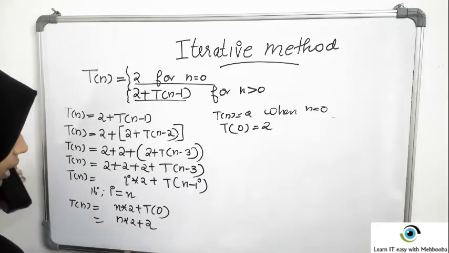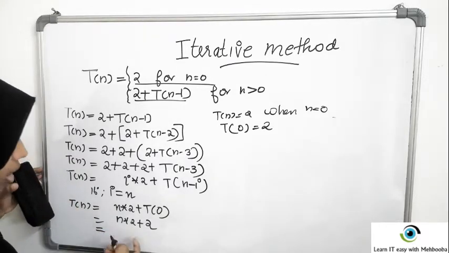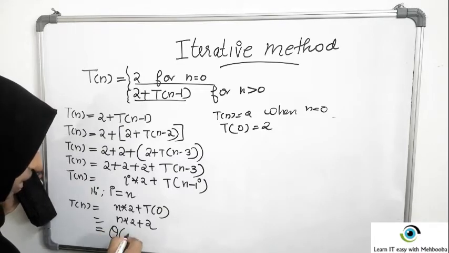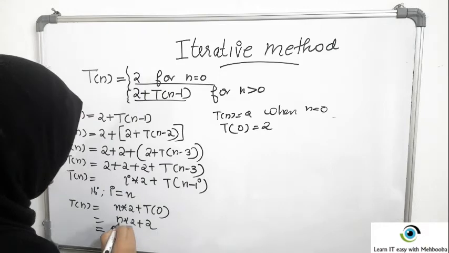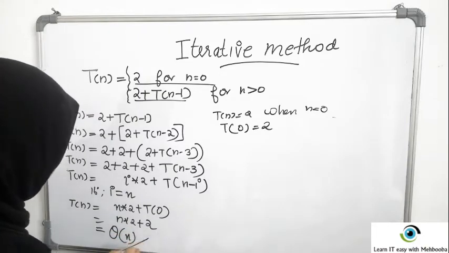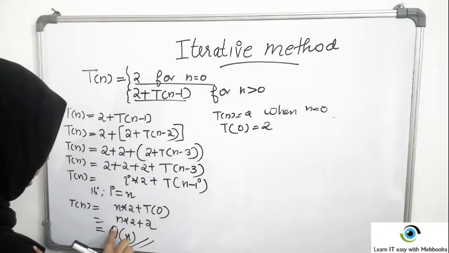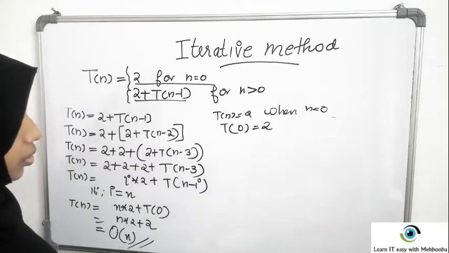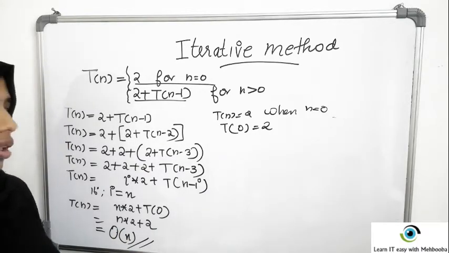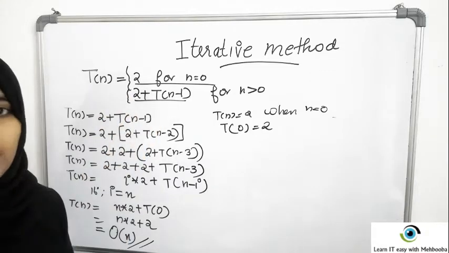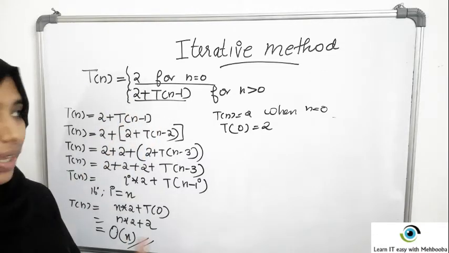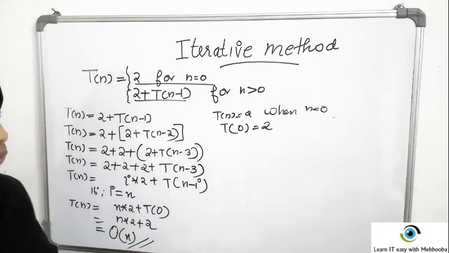So we can easily write the complexity by taking the highest degree term of n, which is simply n. So the complexity is big O of n here. This is how we find the complexity of recurrence relations using the iterative method. We have a few more examples to go.